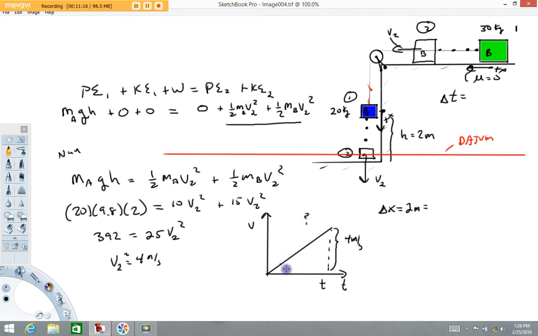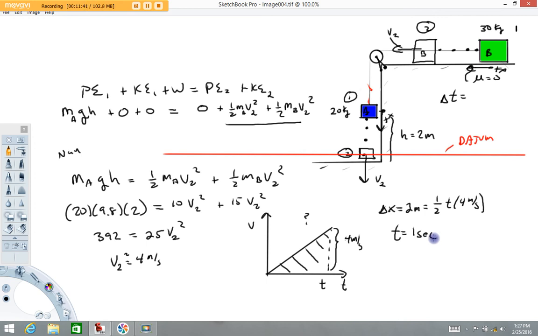The answer is by that area. The area under your velocity curve gives you the change in position, which allows me to write a real short equation here: 1/2 t times 4 meters per second is equal to 2 meters. That's a pretty easy equation to solve. I get t equals 1 second.